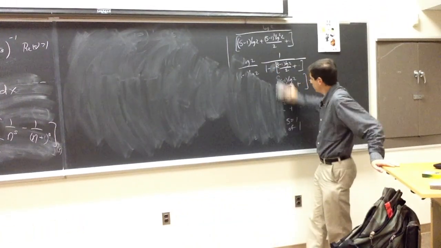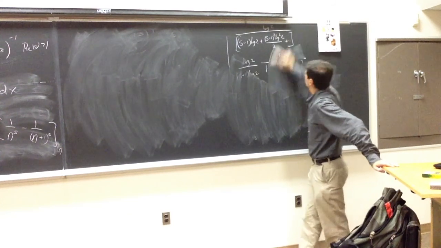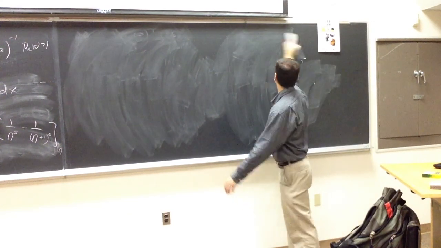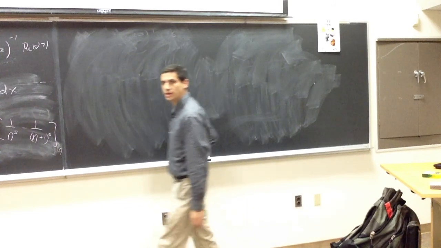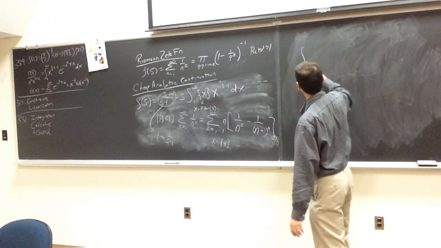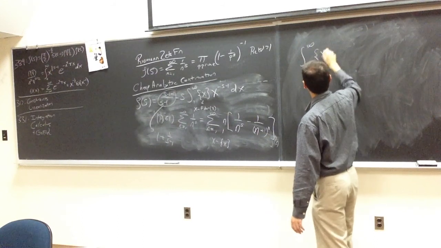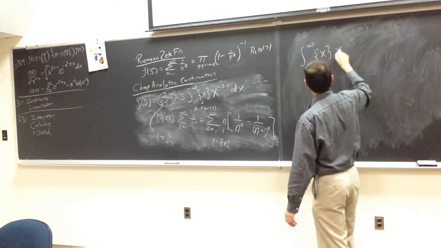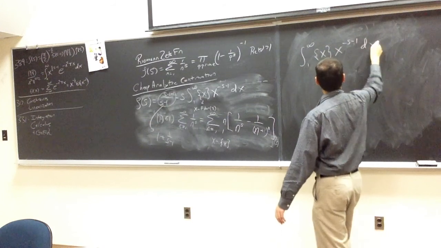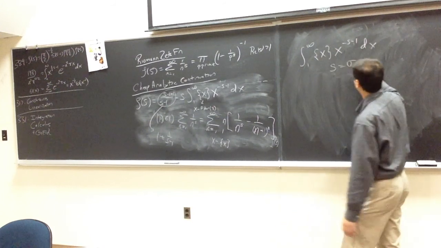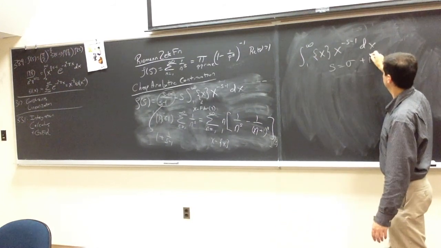So when I'm trying to evaluate how big that integral is, if I want to get a sense of what kind of contributions I'm talking about, what would I get? I have the integral from 1 to infinity of the fractional part of x times x to the negative s minus 1 dx. Let's write s as sigma plus it.